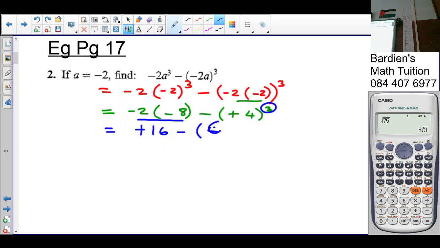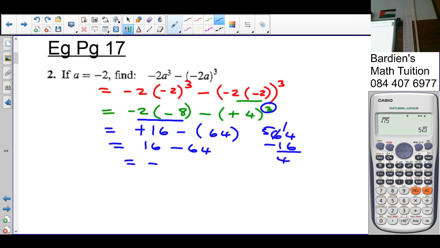It's going to be 64. 4 cubed is 64. So it will be 16. Positive times a negative is a negative 16. Will this answer be positive or negative? Negative. And 64 minus 16? 48. Negative 48.